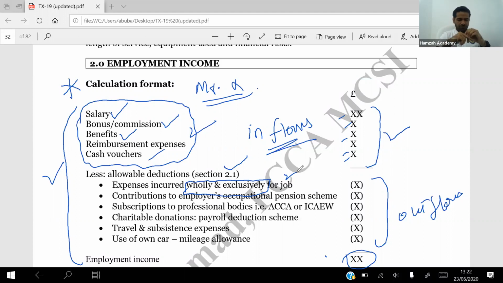Second is contribution to the employer's occupational pension scheme. Pension schemes will be discussed at a later stage after some lectures, but again I can tell you, pension schemes are normally set up by the employers.